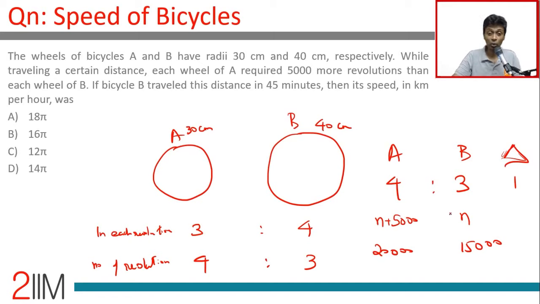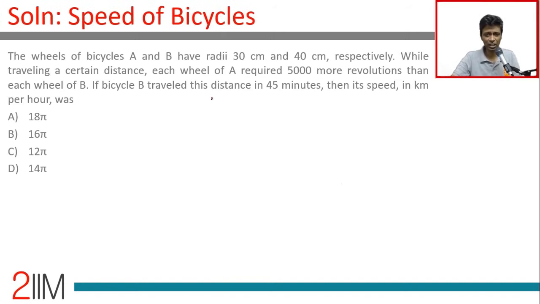So now we know that bicycle B does 15,000 revolutions in 45 minutes. And how much does it travel in each revolution? That is 2 pi r: 2 into pi into 40 centimeters into 15,000.